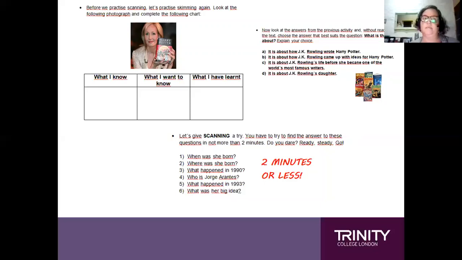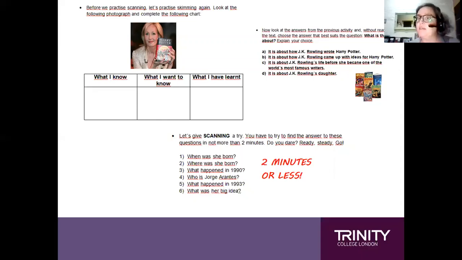So if you pay attention, it says before we practice scanning, there is explicit naming of the reading strategy. Students will practice skimming. Look at the following photograph and complete the chart.